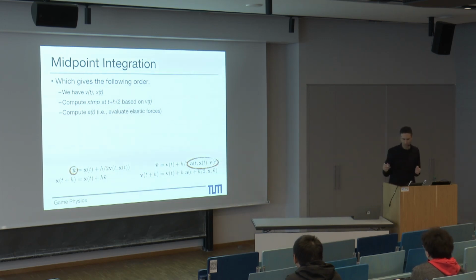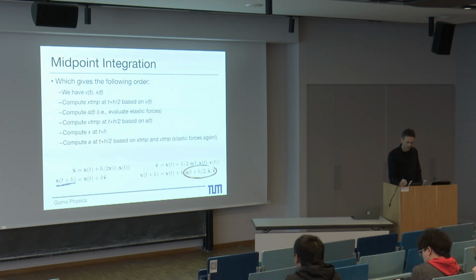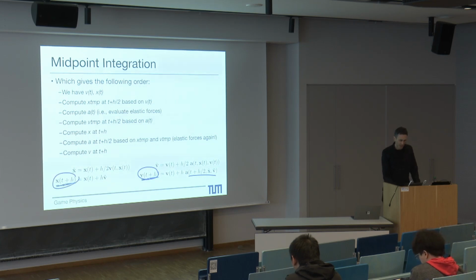But we also need the new positions here, and then once we have these two, then we can, from the accelerations, compute the new v, and then with these two, we can compute, again, the new accelerations at this midpoint, and with it the final v and x values. So you can basically imagine there being a cut here between these two steps.